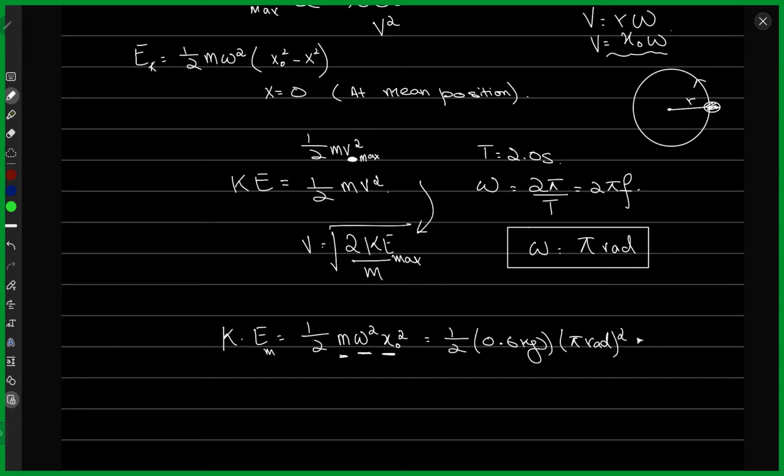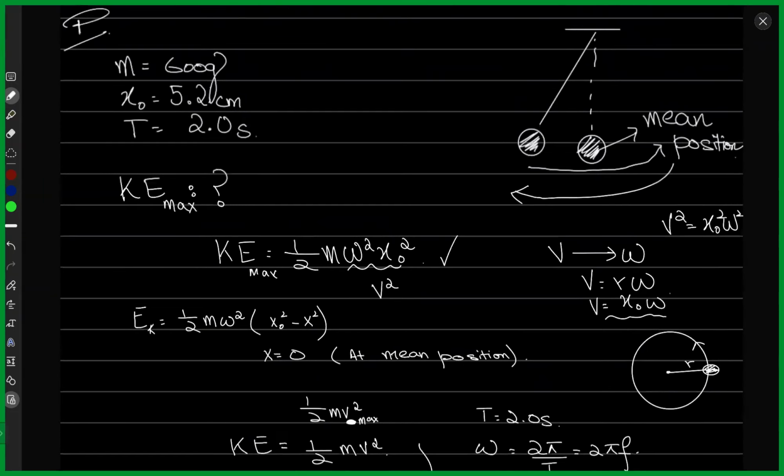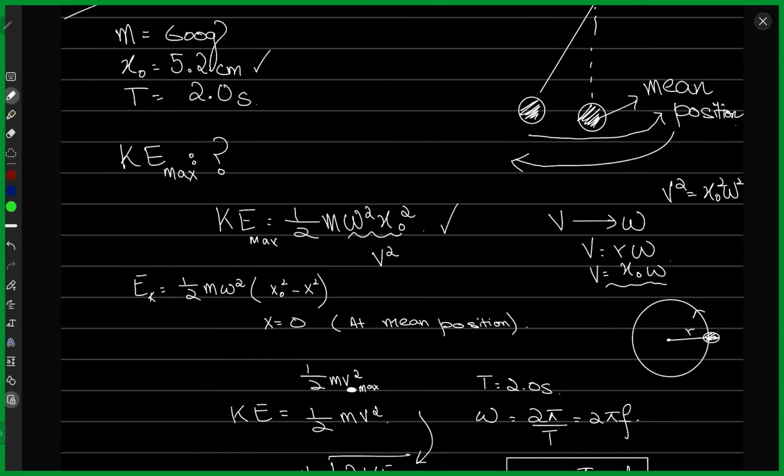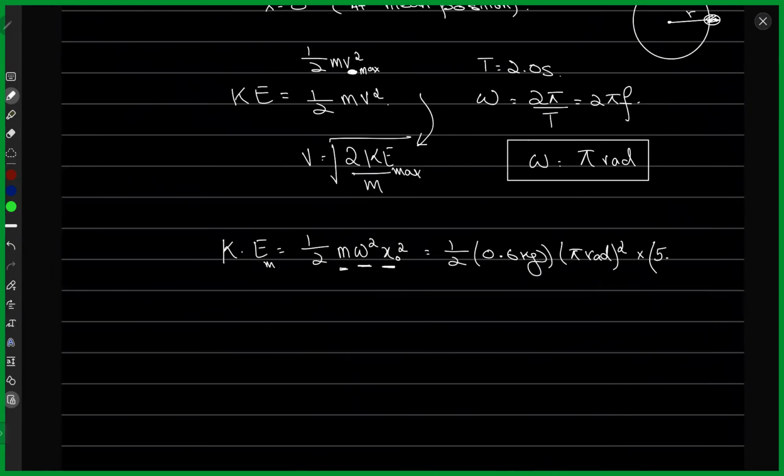We'll square this and then multiply this with the amplitude of the oscillation, which was 5.2 centimeters, as given in the problem. So just write it as 5.2 into 10 raised to power minus 2 meters, right? And now all you have to do is just do the math. And this would give you the maximum kinetic energy as 8.0 into 10 raised to power minus 3 joules, right?